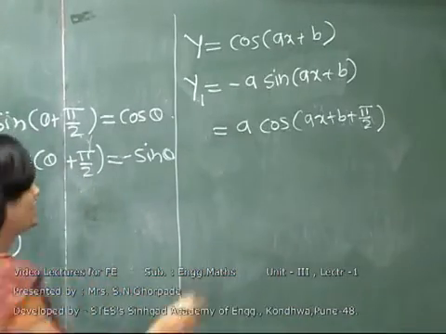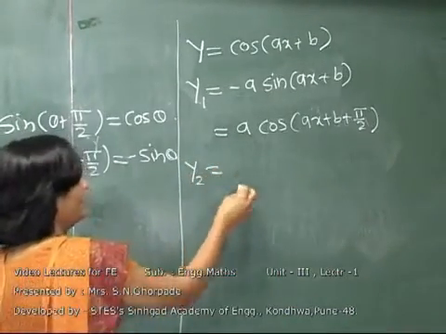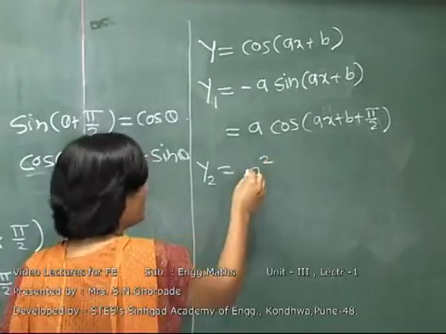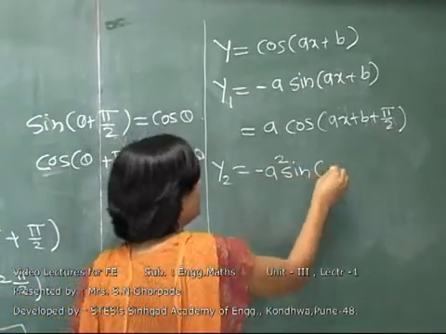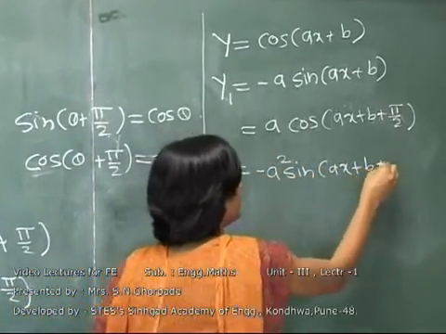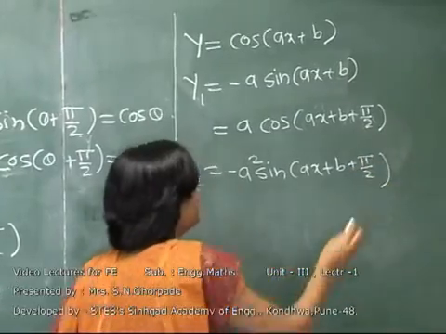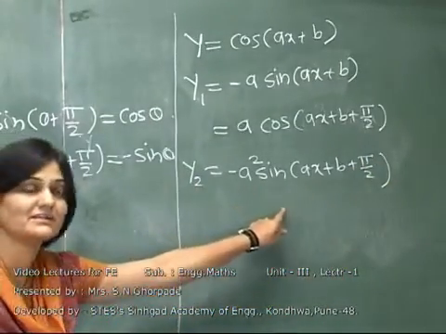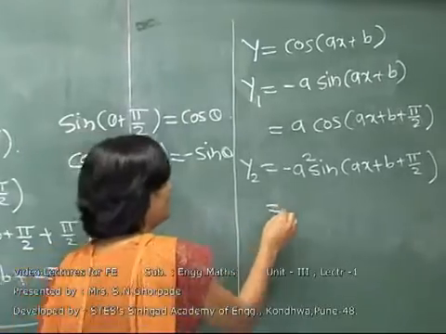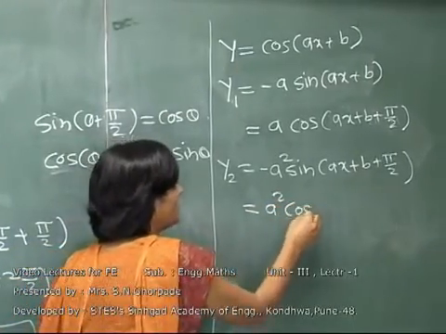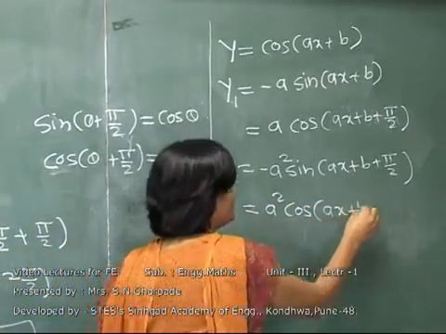Get the second derivative. What will it be? A square times the derivative of cos, which is minus sin of ax plus b plus pi by 2. Replace this minus sin theta by cos of theta plus pi by 2.